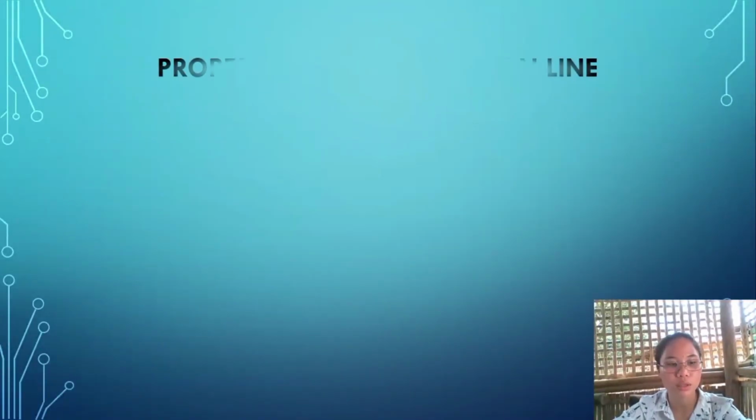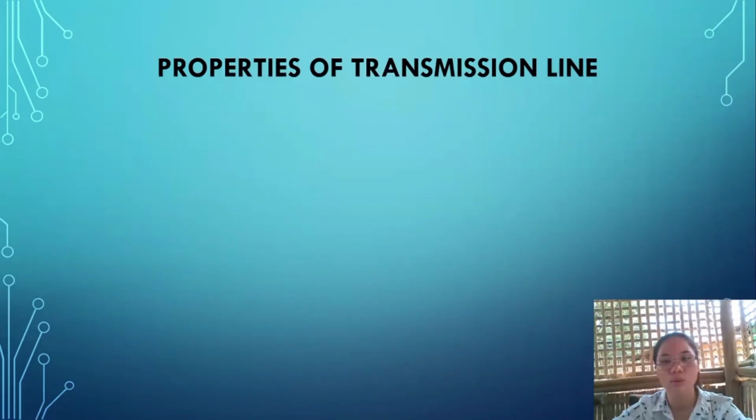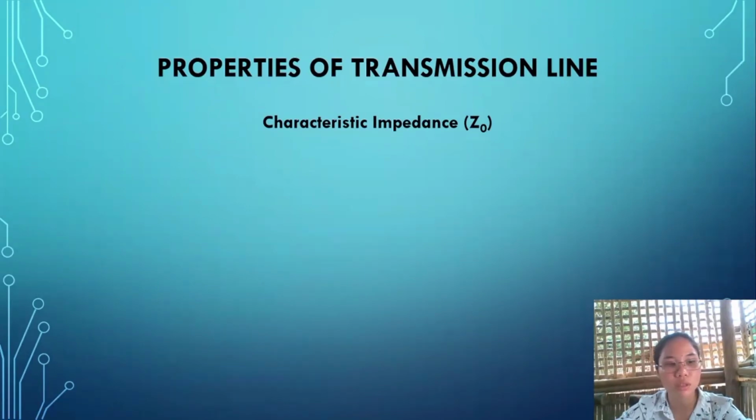Next, I am going to discuss the properties of a transmission line. A transmission line that allows the propagation of electrical waves is assumed to be uniform as well as symmetrical, or the same in nature, so as to have a convenient transmission.